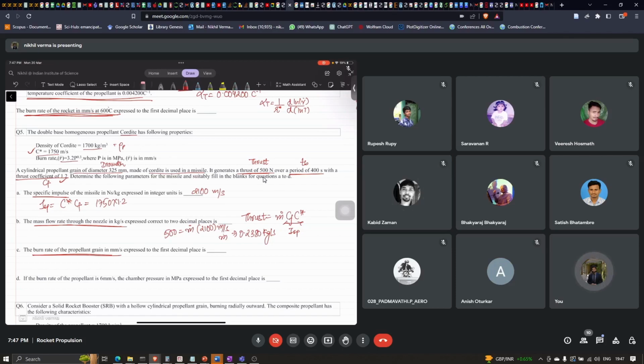C star is P naught A t by m dot, right? Do you know the throat area? Oh, that is not given. Okay, so could you try another method?